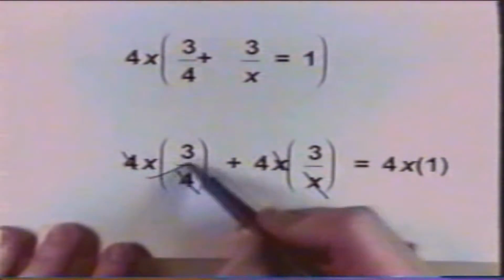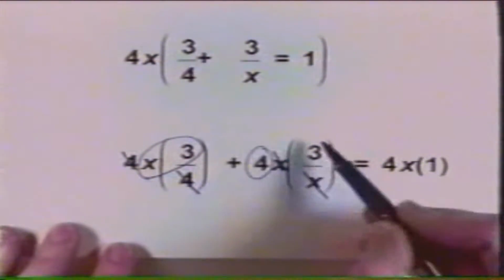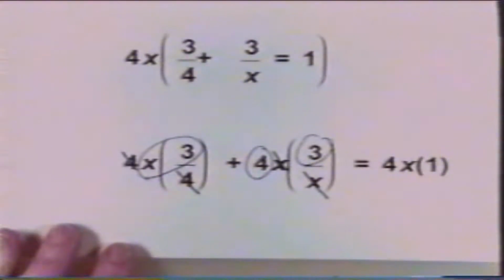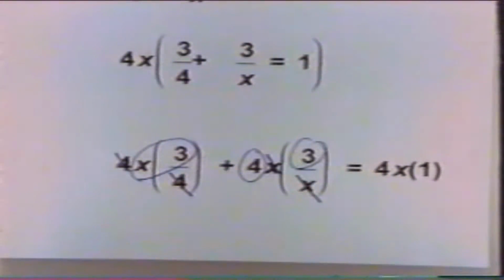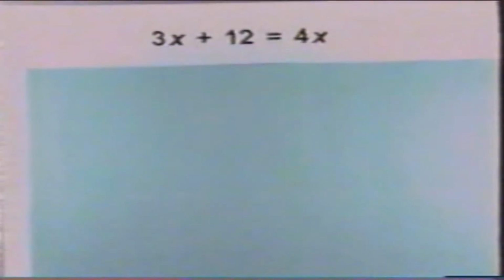So that's going to leave 3 times x and 3 times 4. So that produces 3x plus 12 equals, and then the 4x times 1 is 4x.